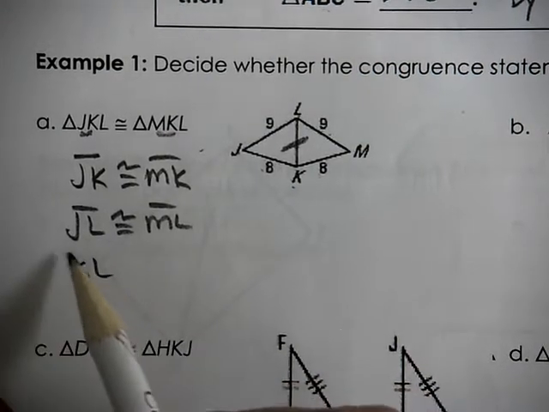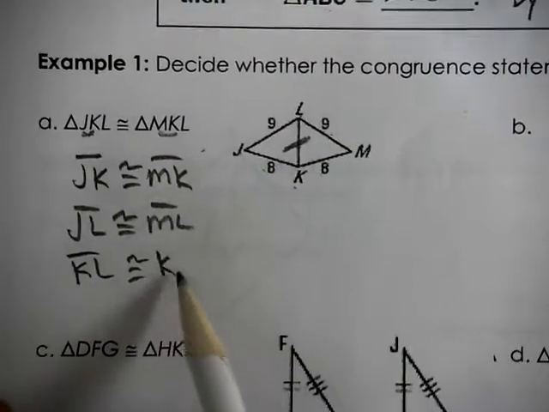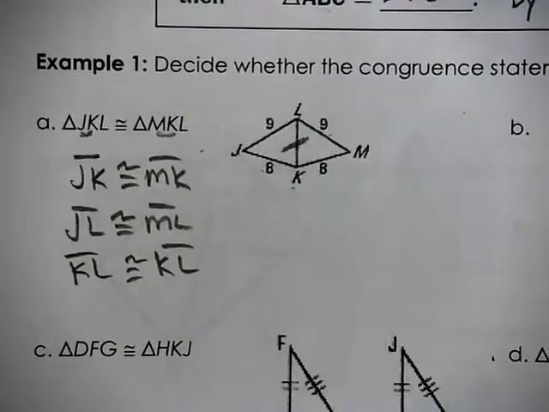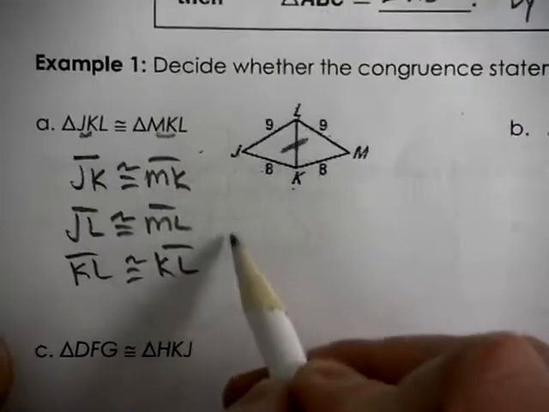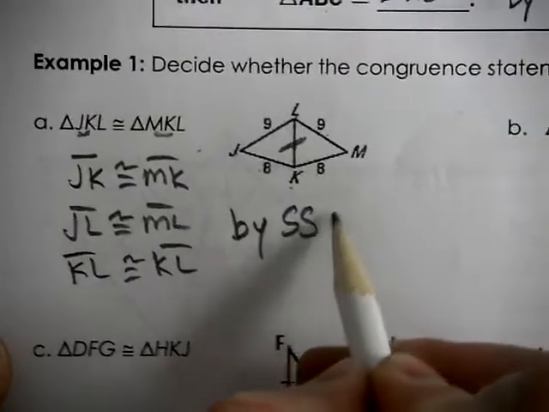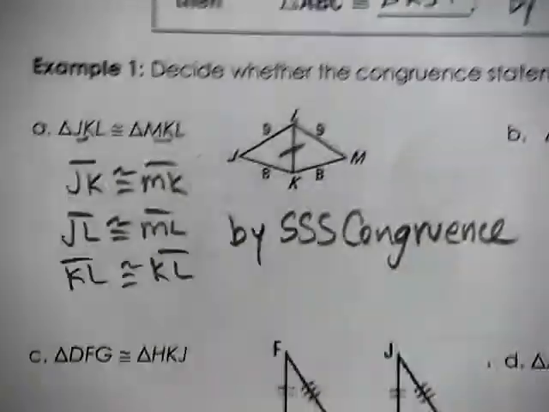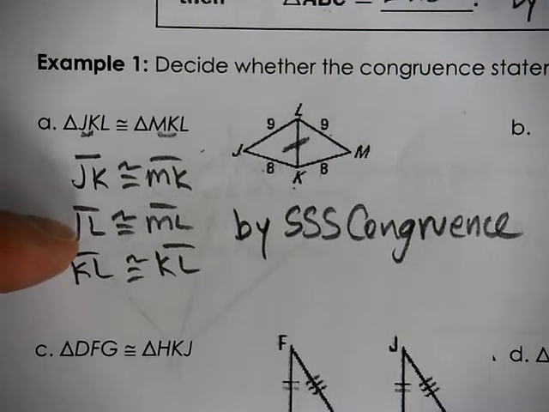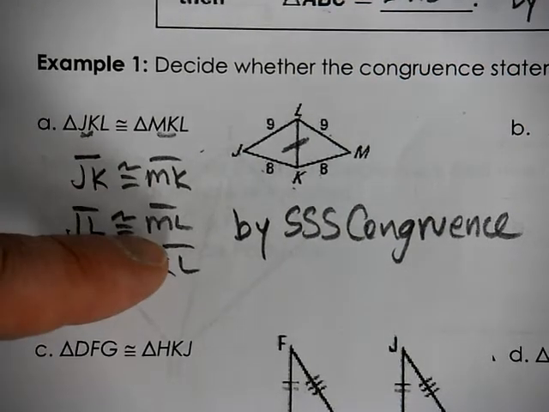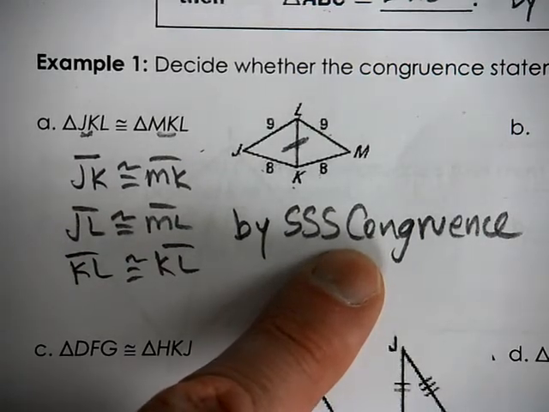So KL in the left triangle is congruent to KL in the right triangle. So I know these triangles are congruent by side, side, side congruence. If you have three sides of one triangle congruent to three sides of another triangle, then the two triangles have to be congruent by side, side, side.